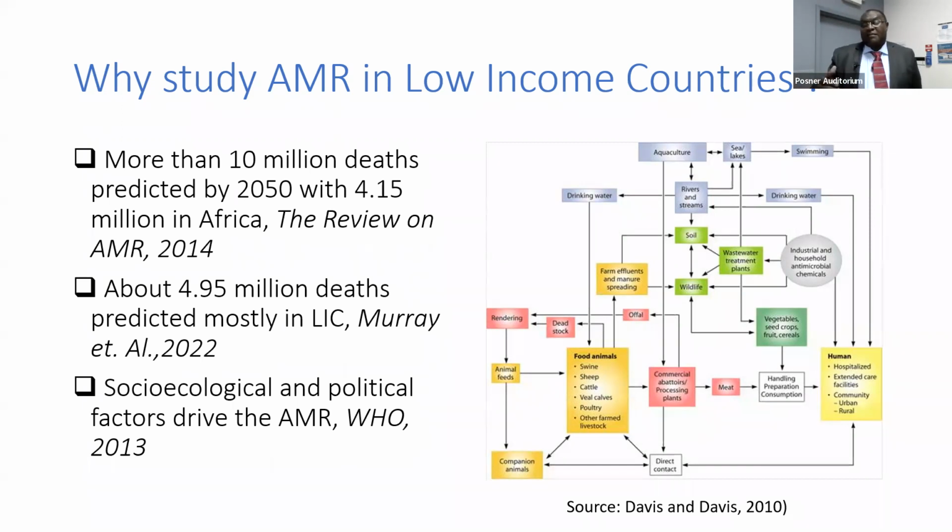Even looking at this model, you see that it's very complex. So if we don't look at it through various angles, it will be difficult to get to the solution to this problem. And when you look at low-income countries, they have different challenges that need to be taken into account if we believe we can solve the problem with this public good, which is the antibiotics, the antimicrobials.